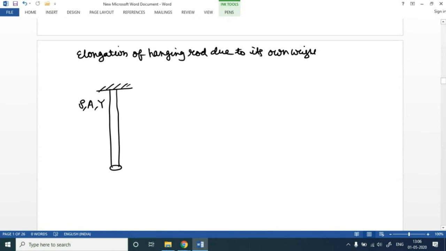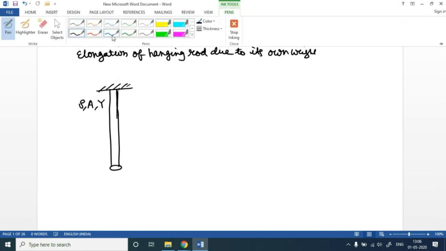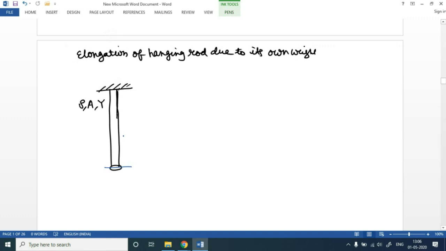Now you should realize that this is hanging under its own weight, so the tension in this rod will be varying with respect to height. If we take a position which is at height y from the bottom, and take an element of width dy over here, this element would be under elongative stress, or tensile stress.